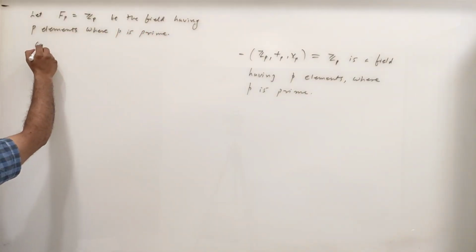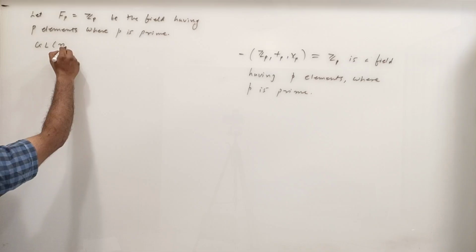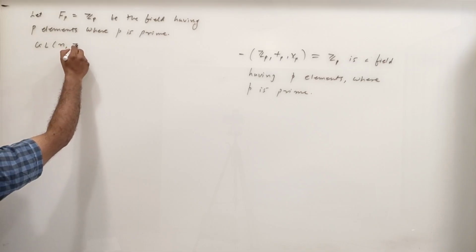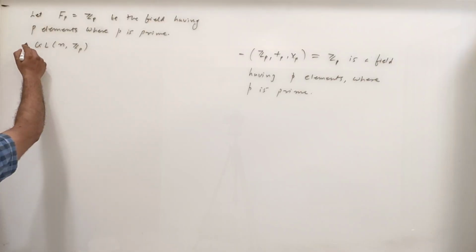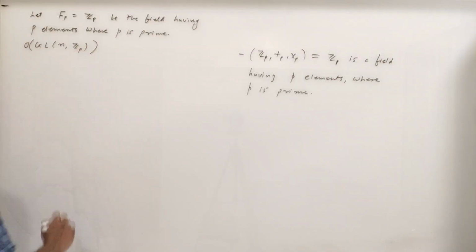Then the question is, what is the order of this GL_n(Z_p)?